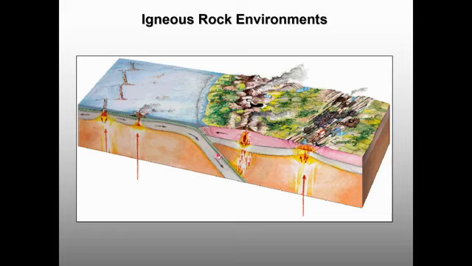There are also areas where water is being taken down on slabs of material at subduction zones. There, that water combines with the minerals in the mantle, lowering their melting temperatures and creating the opportunity to create magmas that rise up and erupt out, sometimes of volcanoes.